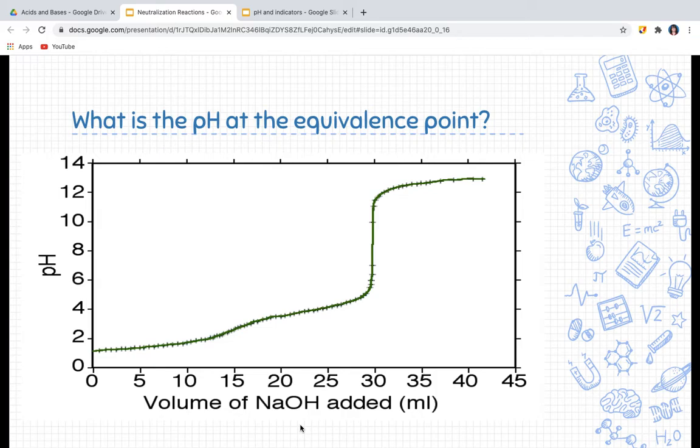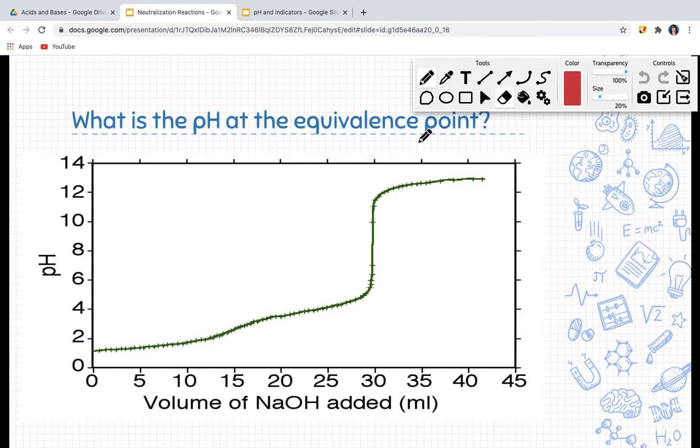So what you'll see are these titration graphs, and a question that I may ask you is what the pH is at the equivalence point here. What you want to look for to find that is the midpoint of this straight section. That's about here, and if you carry that straight line over, estimating, that's about 8.5.